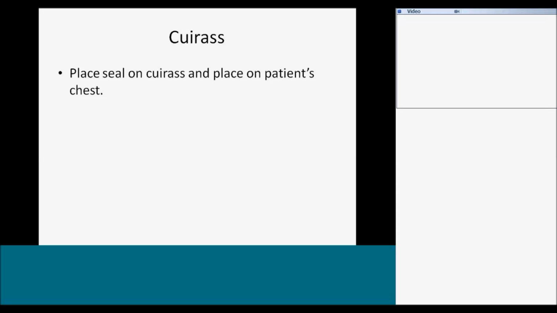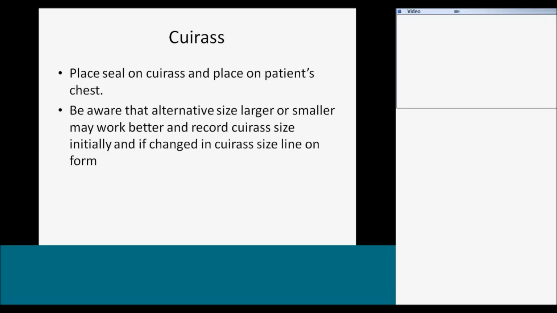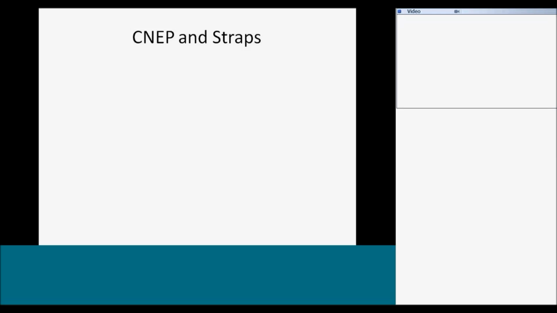The straps always go under first. So place your straps under your patient and put the Curos on the patient's chest. As we said before, be aware alternative sizes, larger or smaller, may work better. Record the Curos size initially, and if changed, there's a line on the form for noting that change, so that as vital signs improve, they'll improve after you noted the change in the Curos size on the flow sheet.